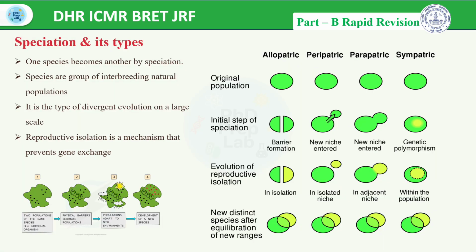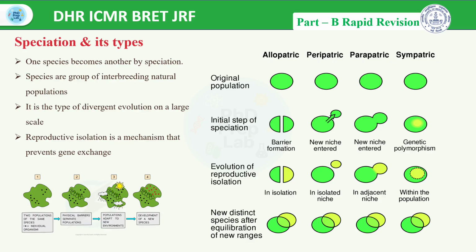Now we have speciation and its types. So there are four important types of speciation: allopatric, peripatric, parapatric, and sympatric. Allopatric is due to geographical barrier. Sympatric is due to reproductive barrier. Now we have peripatric and parapatric.